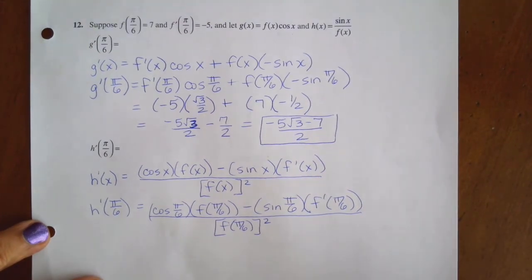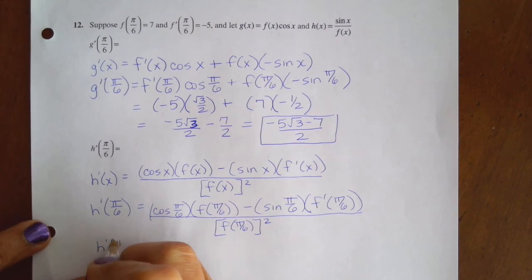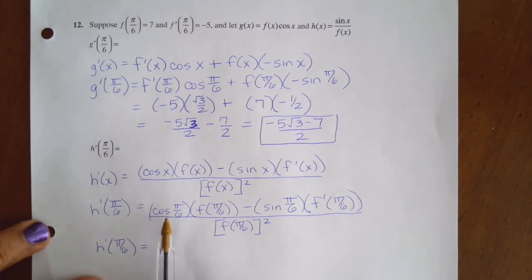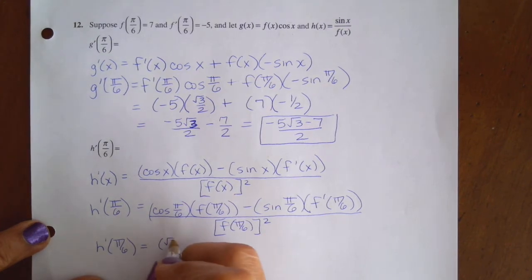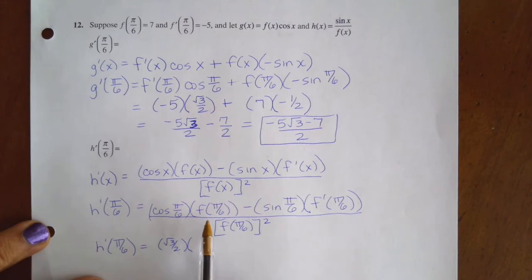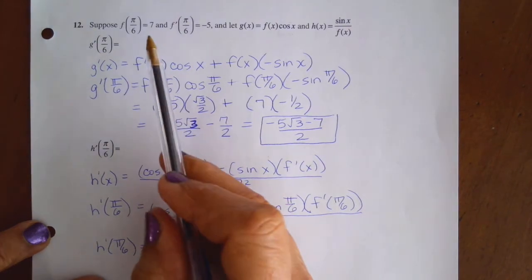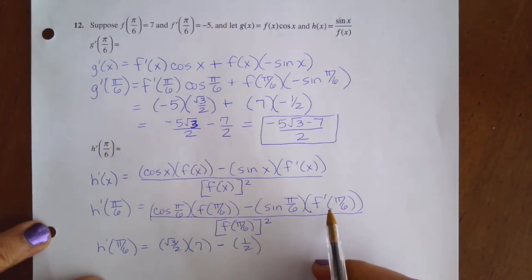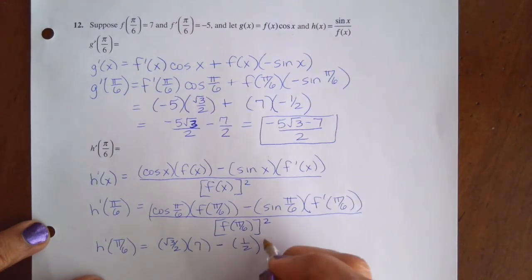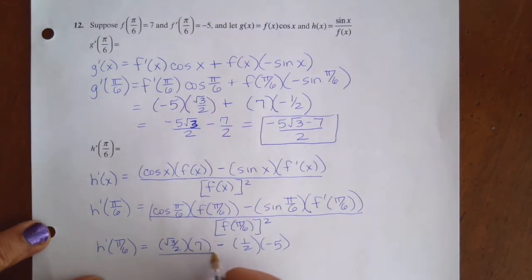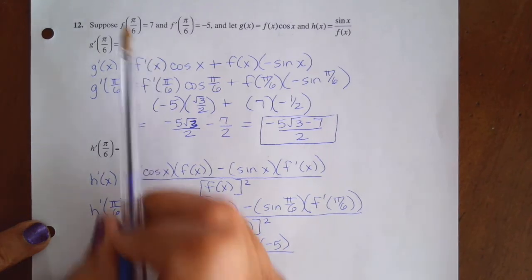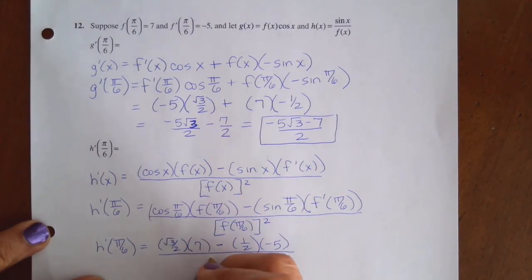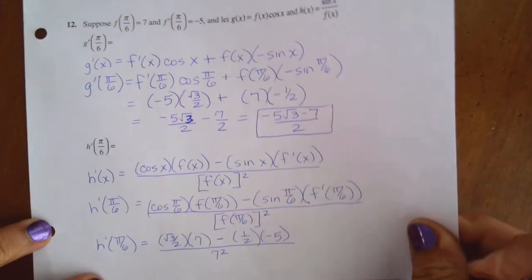All right, so now we can fill in some numbers. So h prime of pi over 6. We're going to start with the cosine of pi over 6, which is the square root of 3 over 2, times f of pi over 6. Remember that was 7, minus the sine of pi over 6 is 1/2, and f prime of pi over 6 was negative 5. And all of that is over f of pi over 6, so 7 squared.